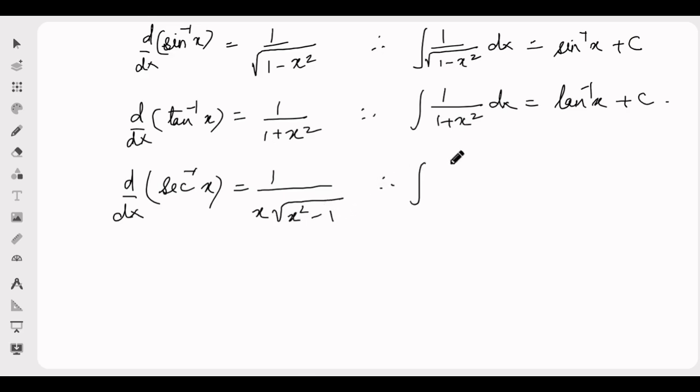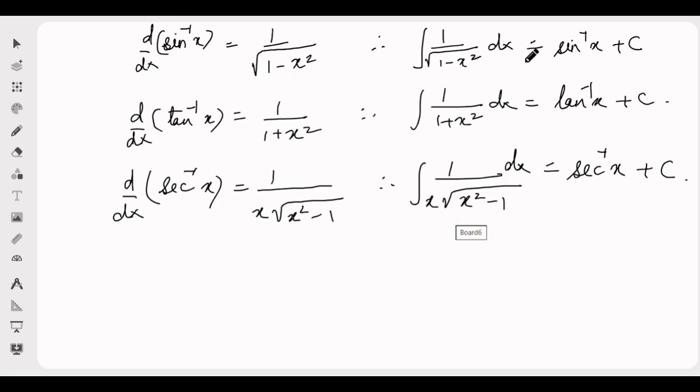Therefore, integral of 1 upon x under root x square minus 1 dx will be equal to sec inverse x plus c. These were the functions whose derivatives we know, and hence we can integrate these functions to find the function whose derivative these functions are.